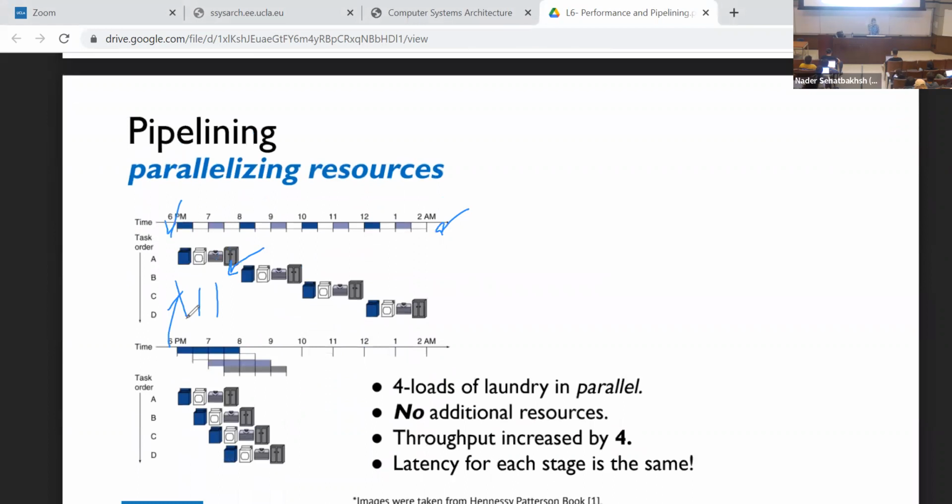The more efficient way is this idea of pipelining. Since my washer has finished, and I want to move things to my dryer, my washer is now empty and not being utilized. So why don't I put the next round of clothes into my washer while my dryer is working on the first round?